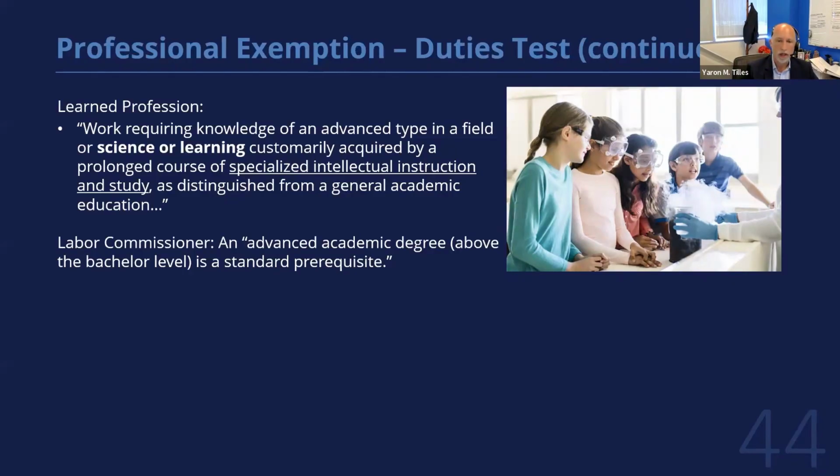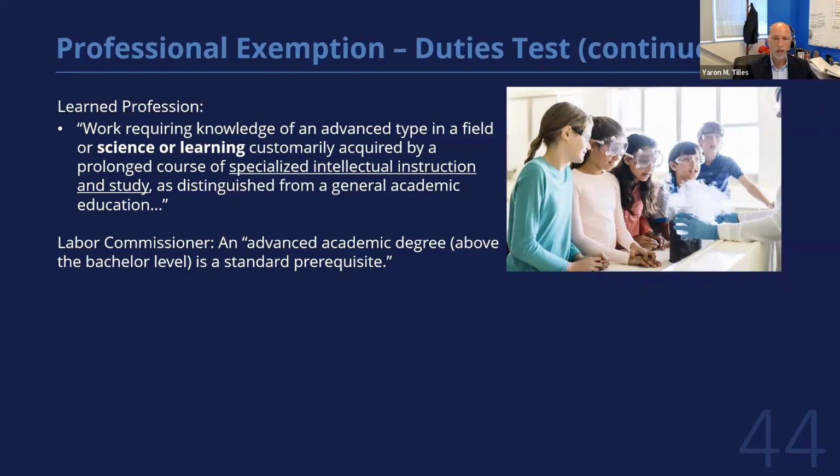Work requiring knowledge of an advanced type in a field or science or learning, customarily acquired by a prolonged course of specialized intellectual instruction and study, as distinguished from a general academic education. That is how we look at what a learned professional is.